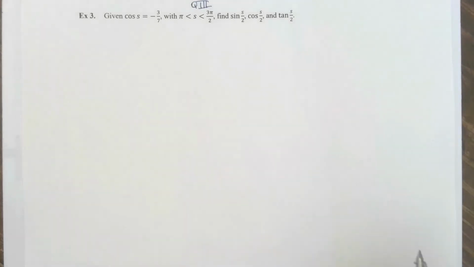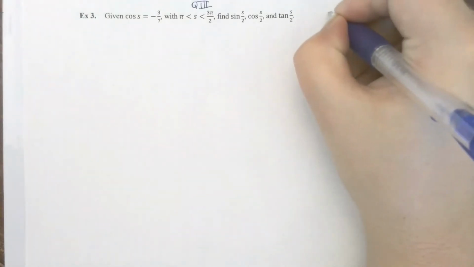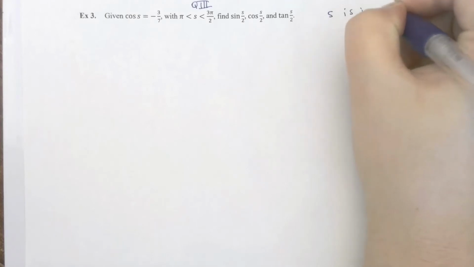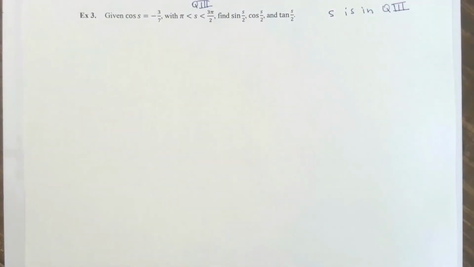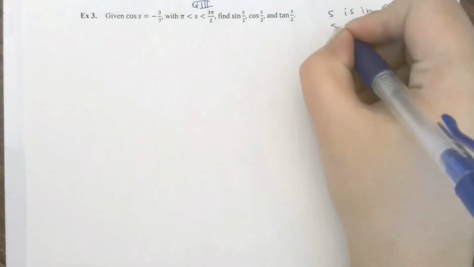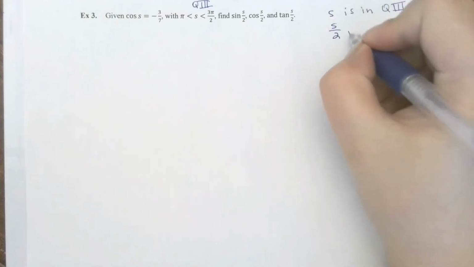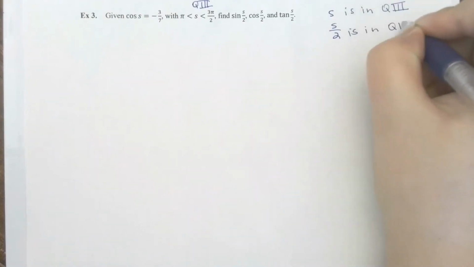Remember our signs come from the quadrant of whatever A over 2 is in, in this case s over 2. If s is in quadrant 3, s over 2 is going to be in quadrant 2.